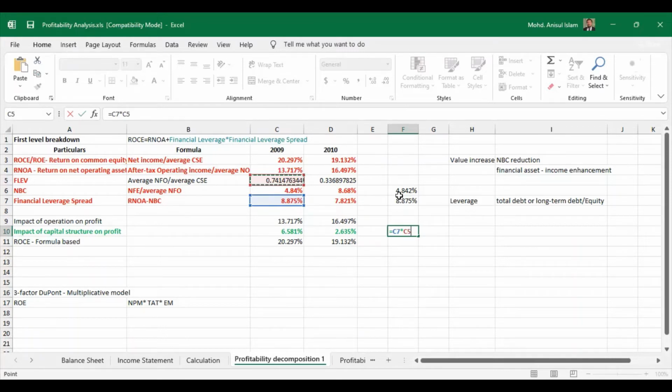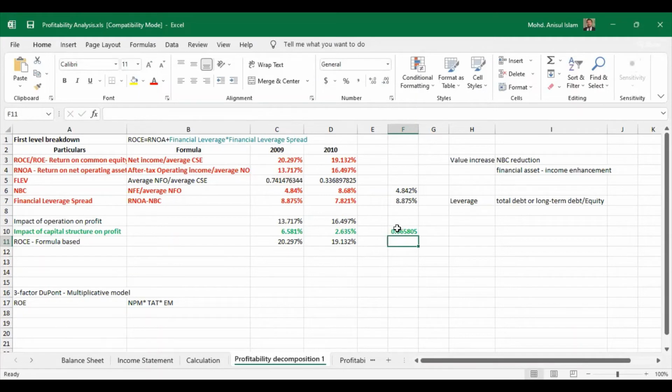You see that this percentage is 6.581%, which was the remaining out of the 20.297% after accounting for the impact of operation on profit, or the impact of return coming from investment in net operating asset.